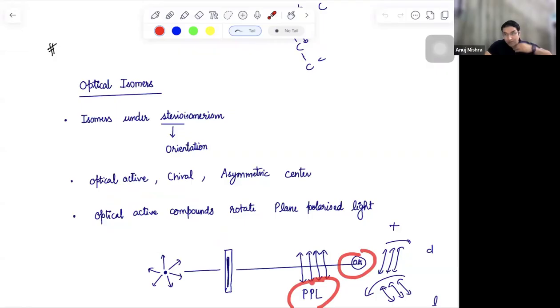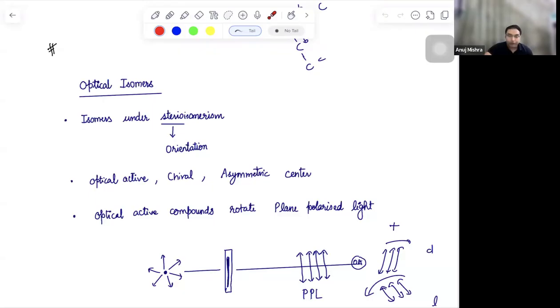Now, what is the meaning of plane polarized light? Normally, if you think about a point source, you have the wavefront, which is a spherical wavefront, because it will go in all directions from a point source. Think about a bulb. Light can move from the center of the bulb in all directions, like a sphere. And the wavefront, basically the pattern which is cut perpendicularly, is a sphere.